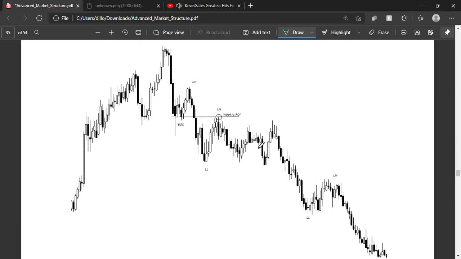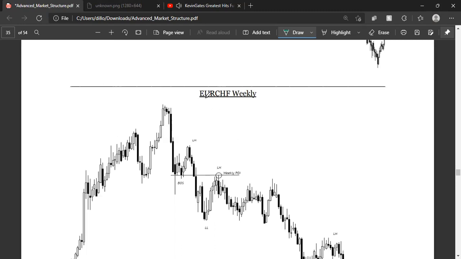Next example. We've got Euro CHF on the weekly time frame. What do we see? Look, a high, a low, a higher high, and then a low, but then a lower high gets created.